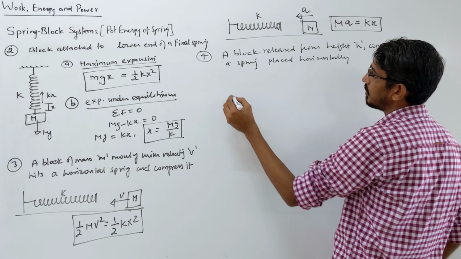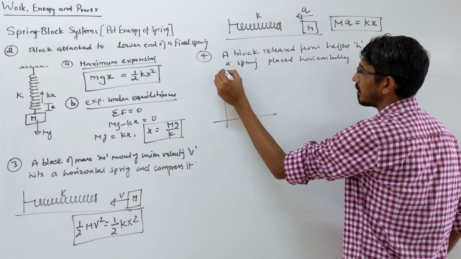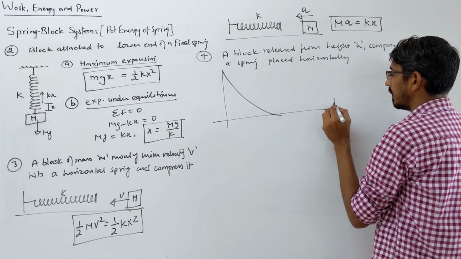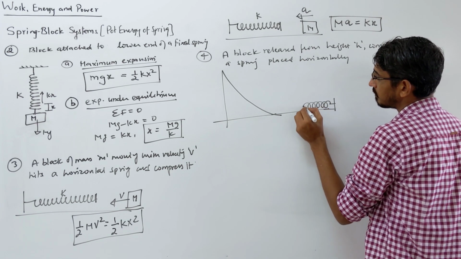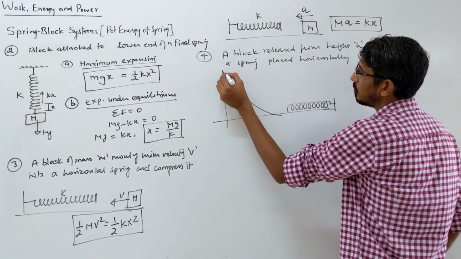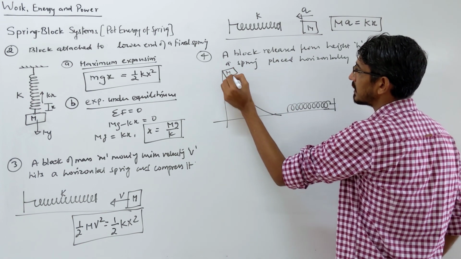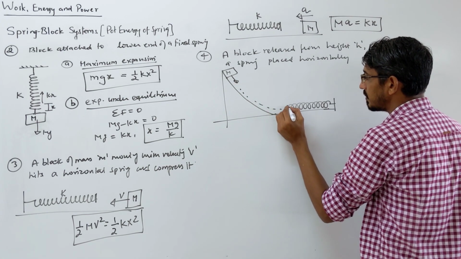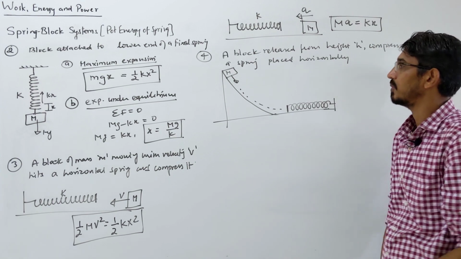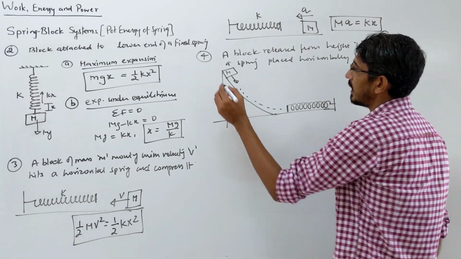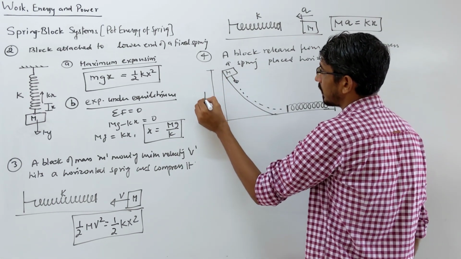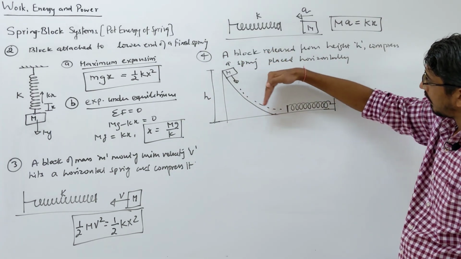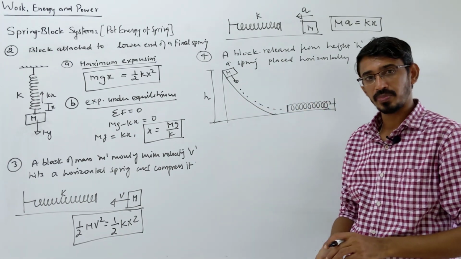Suppose there is a block at some height, and here you put your spring. The block of mass m comes downward, hits this spring and compresses it. They will ask you what's the compression of the spring. Generally this height h will be given.